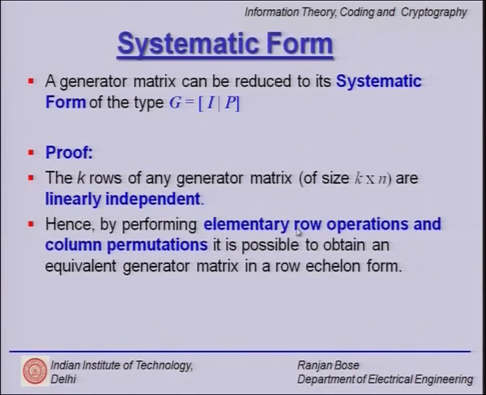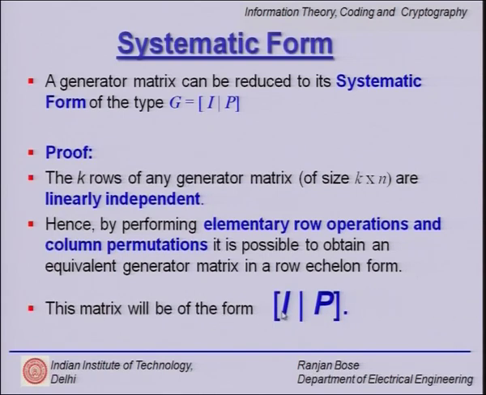Hence, by performing elementary row operations and column permutations, remember there are k rows, you will be able to place a single 1 and all zeros in the first few columns and thereby obtain the row echelon form, and the matrix will be of the form I partition P. Because very simply you have got a rank k matrix, there are k rows.